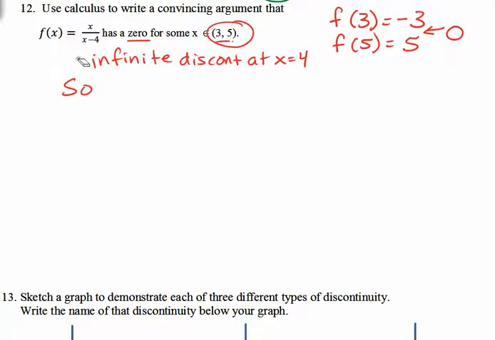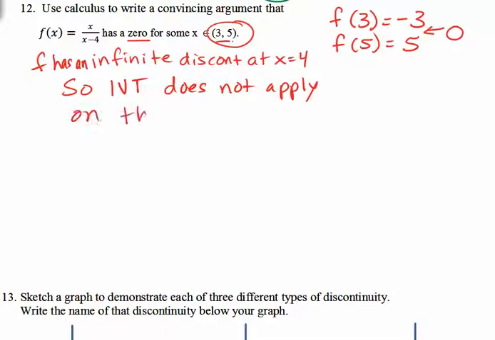So f has an infinite discontinuity at x equals 4. So IVT does not apply on the interval from 3 to 5. It would apply to any interval that doesn't contain 4.